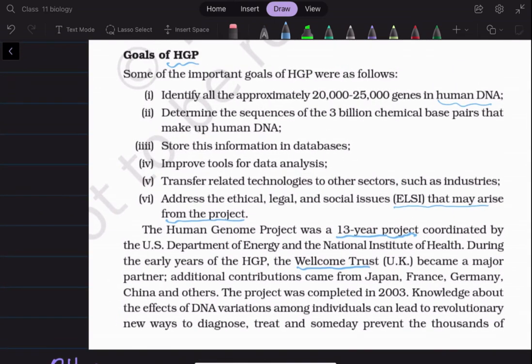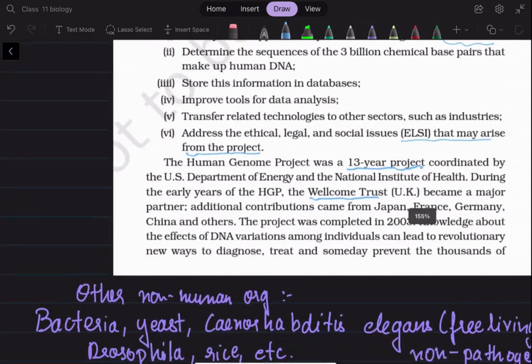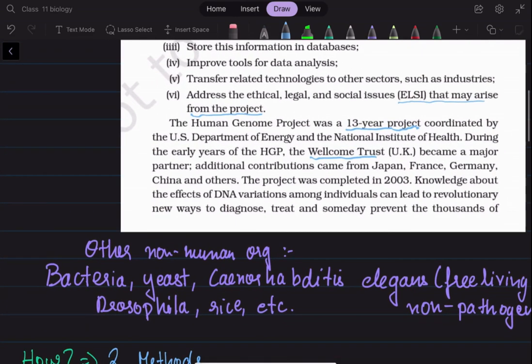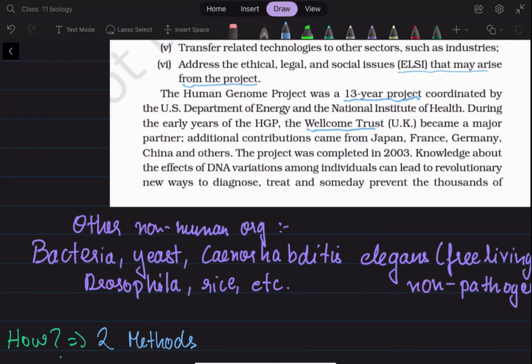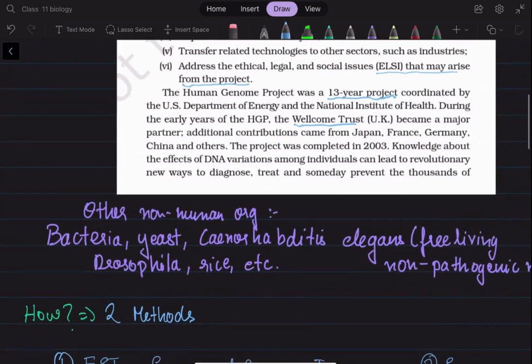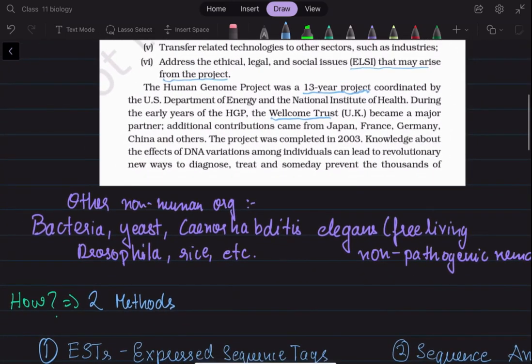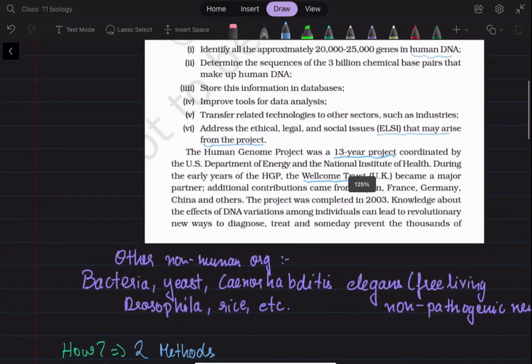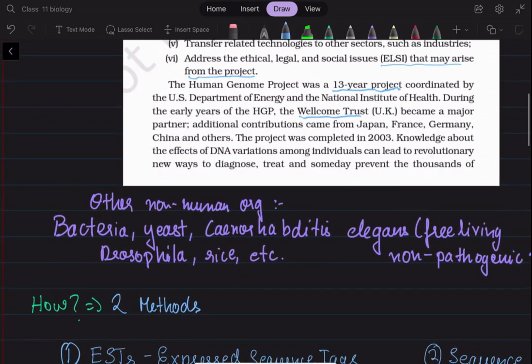Apart from sequencing the human genome, there were some other non-human organisms like bacteria, yeast, Caenorhabditis, Drosophila, rice, etc., whose genome was sequenced entirely.